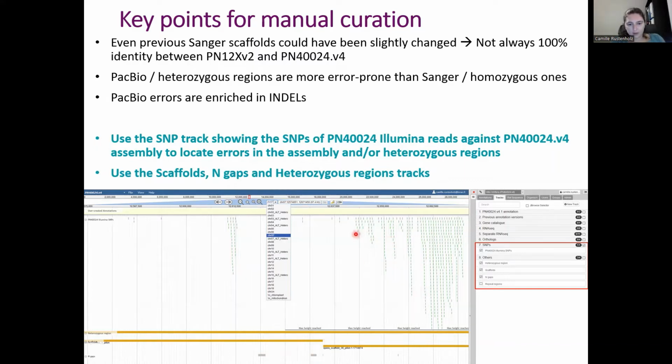And for the SNPs, all the green tiny bars here are differences between Illumina reads and the V4 assembly. So this helps you to figure out if you are in an accurate region or not, and it will help with your judgment when you have to perform manual curation.